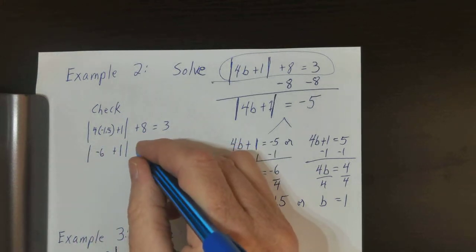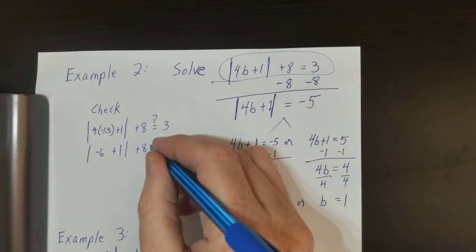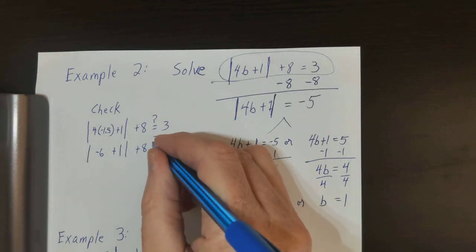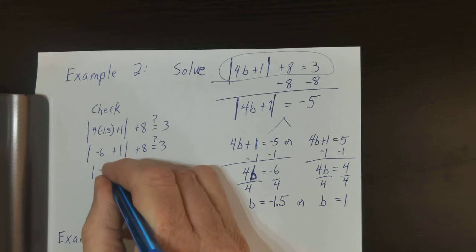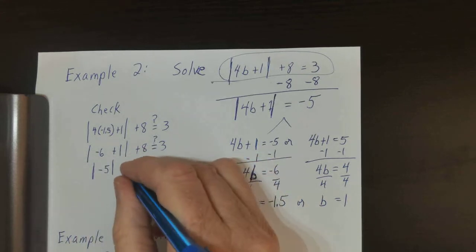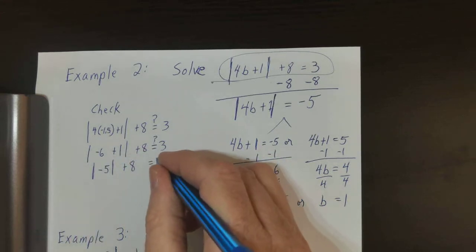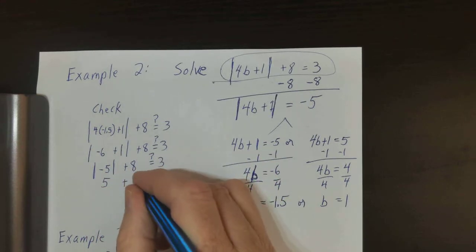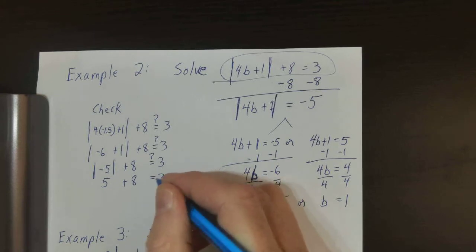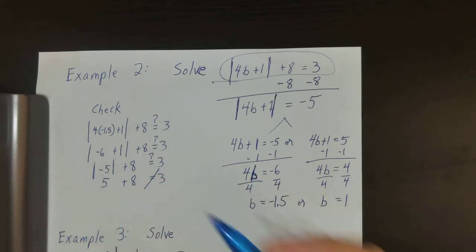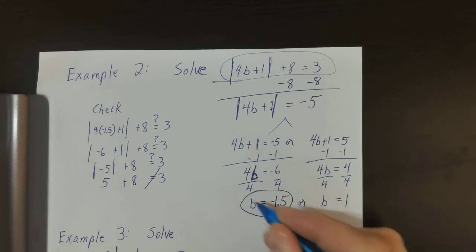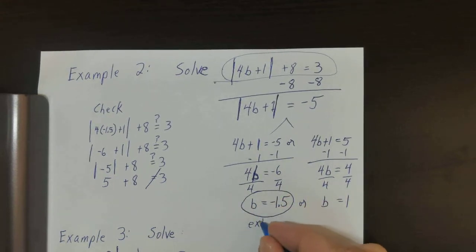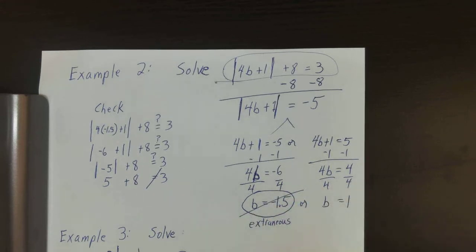Absolute value of negative 6 plus 1 plus 8. Does that equal 3? Well, this is the absolute value of negative 5 plus 8 equals 3. Absolute value of negative 5 is 5. Does 5 plus 8 equal 3? Answer is no. 5 plus 8 is 13. So this solution here is extraneous and doesn't work.